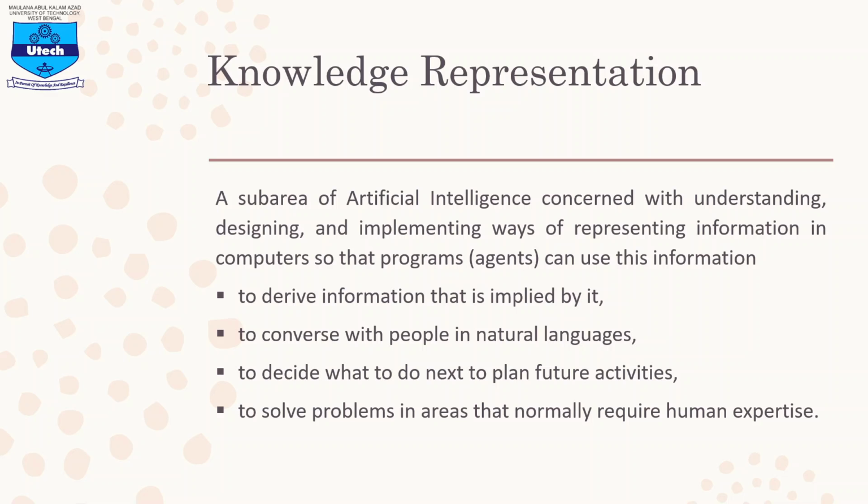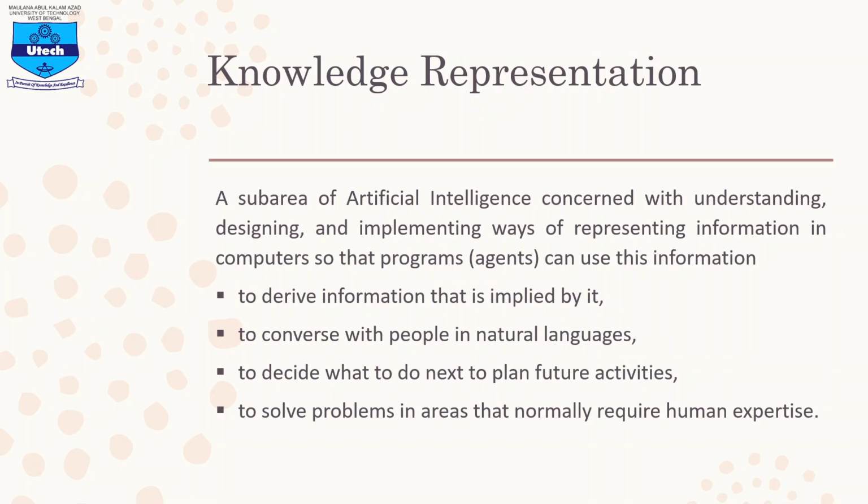Information can be used to derive another sort of information. It can be used to talk with people in natural language, for example, hey Google, what's the weather today? So that is the natural language we are using to talk to Google. And based on the information collected, the next plan of activities can be decided.